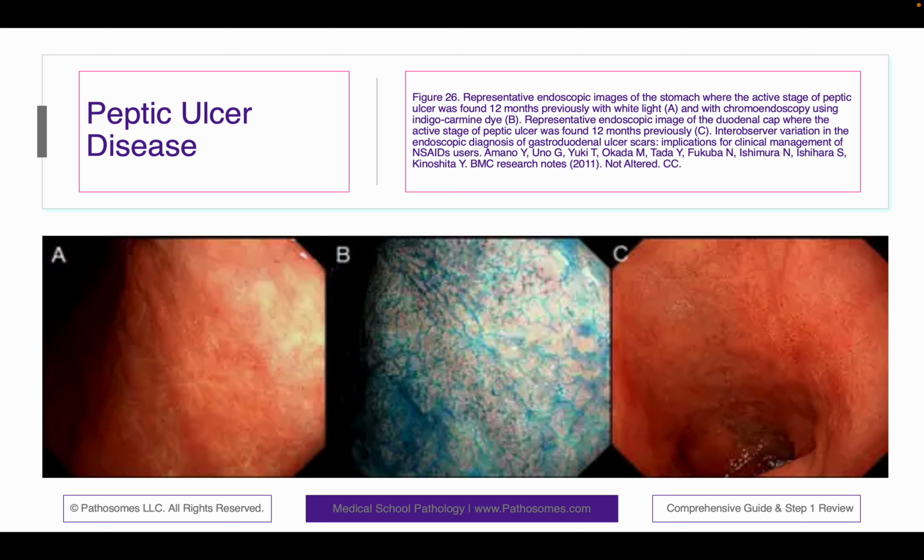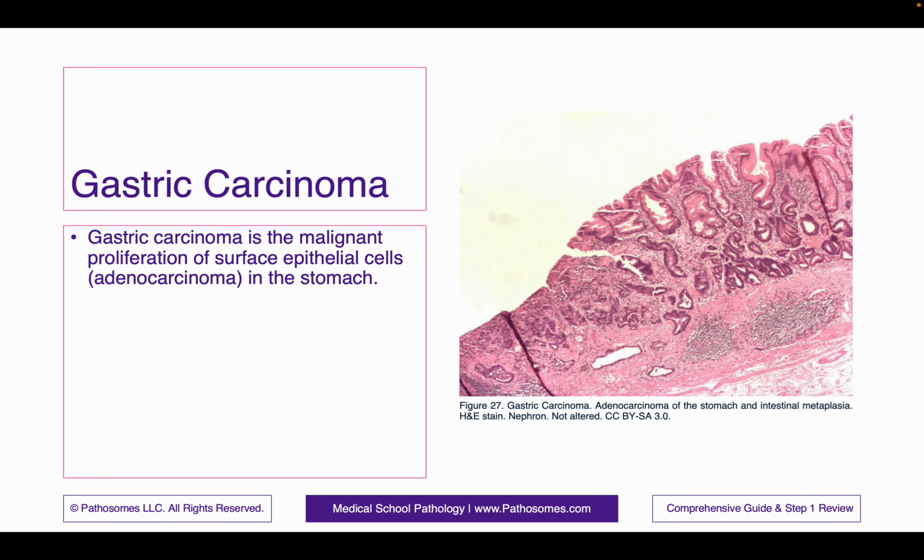Now let's move on to gastric carcinoma. This is important because gastric carcinoma is the malignant proliferation of surface epithelial cells in the stomach, right? For example, take a look at this H&E section from an adenocarcinoma of the stomach.